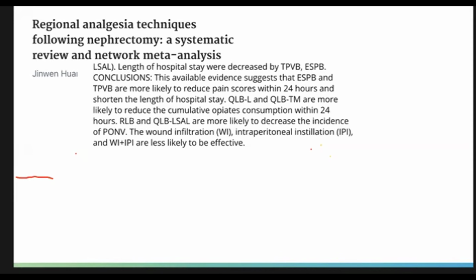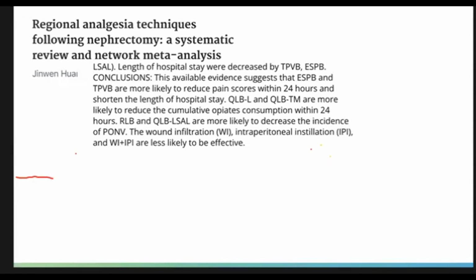Vandana ma'am is asking whether nalbuphine is given IV. Yes, ma'am, 3 milligram IV. Basically, a 10 milligram ampule we dilute and make it 1 milligram per ml. We prepare 1 milligram per ml and we usually give 3 milligram. And it is a wonderful drug to treat this pruritus.